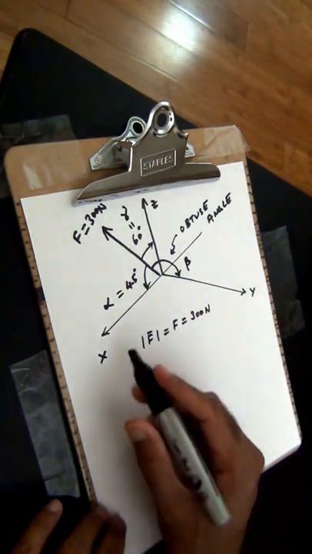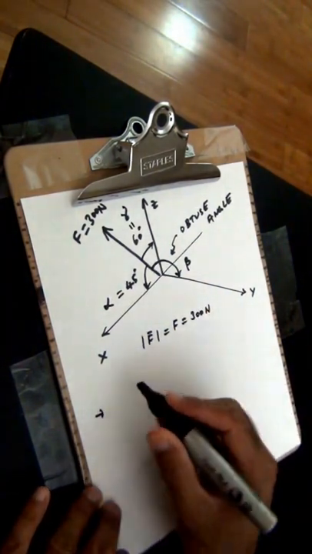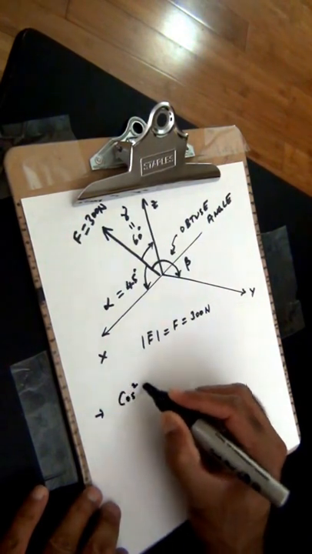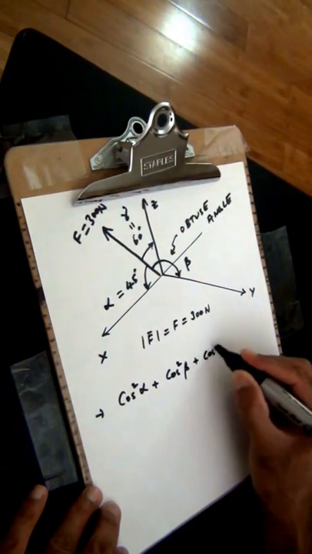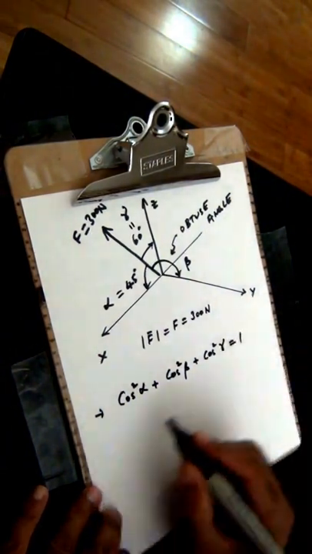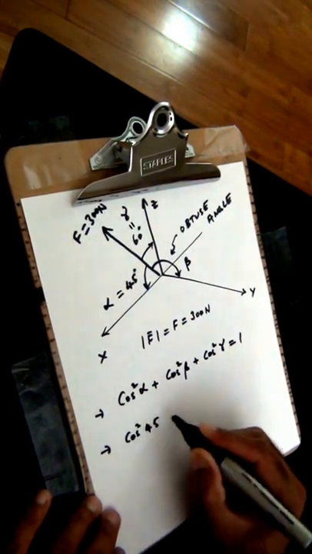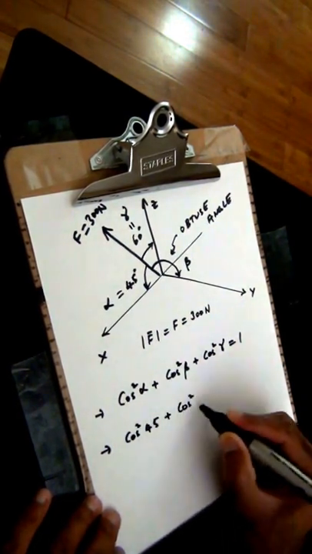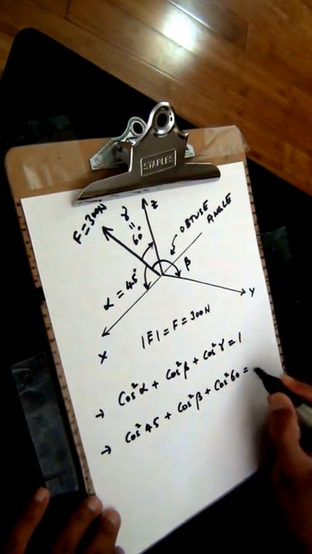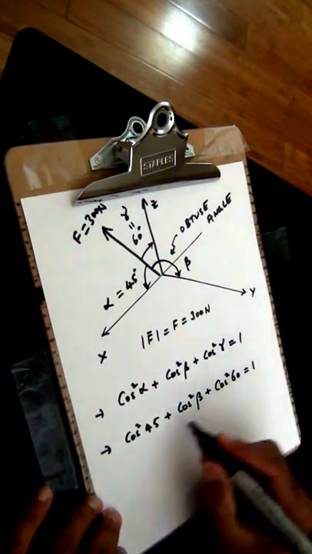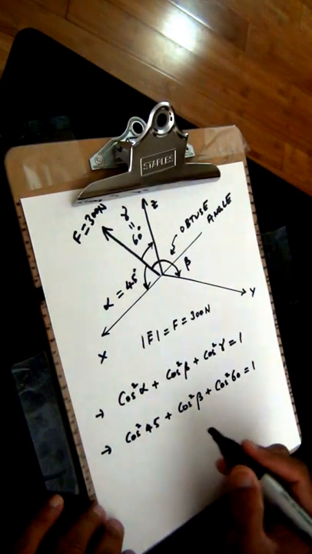Alright, so I know alpha, I know gamma, I need to find beta, so I make use of my identity here. So I have cos square alpha plus cos square beta plus cos square gamma is equal to 1, which means that cos square 45 plus cos square beta, which is unknown to us, plus cos square gamma, which is 60 degrees, is equal to 1. Cosine of 45 is 1 by root 2, so cosine square of 45 is 1 by 2.